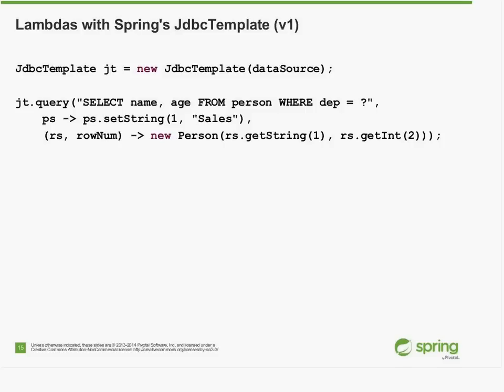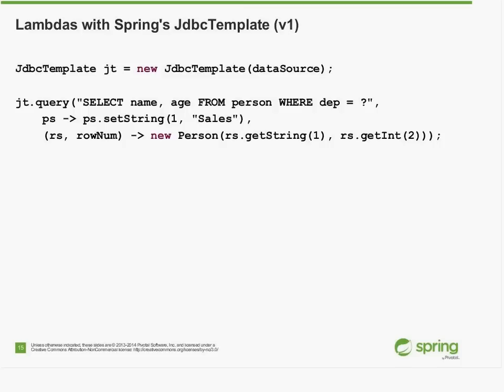I only have one statement to do here, so I'll do it with expression style. There are no code blocks here in this version of the example. So with a single simple expression here, we defined a callback implementation of the prepared statement setter interface.